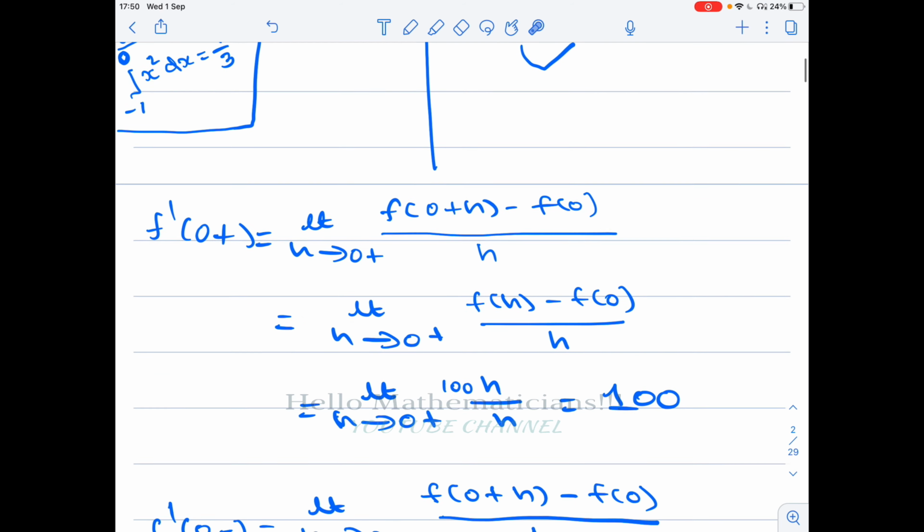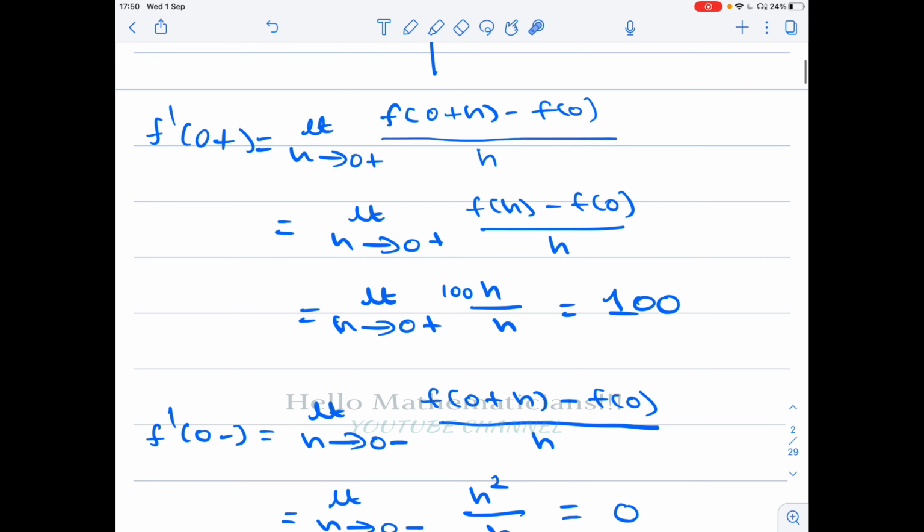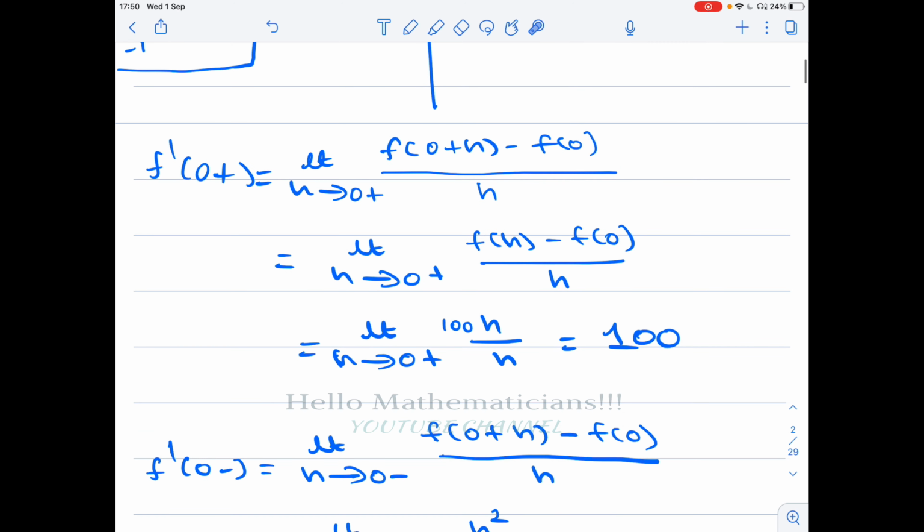Let's see. Let's calculate the right and left derivatives. f prime of 0 plus equals the limit h tends to 0 plus of f of 0 plus h minus f of 0, divided by h. f of 0 plus h is just f of h. Now when you approach 0 from the right side, the values of h are positive.